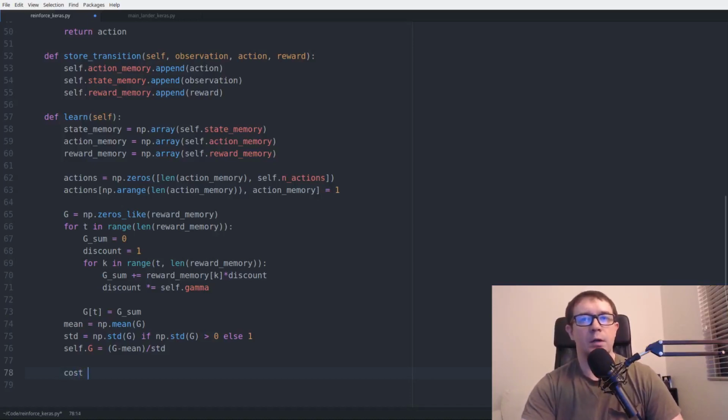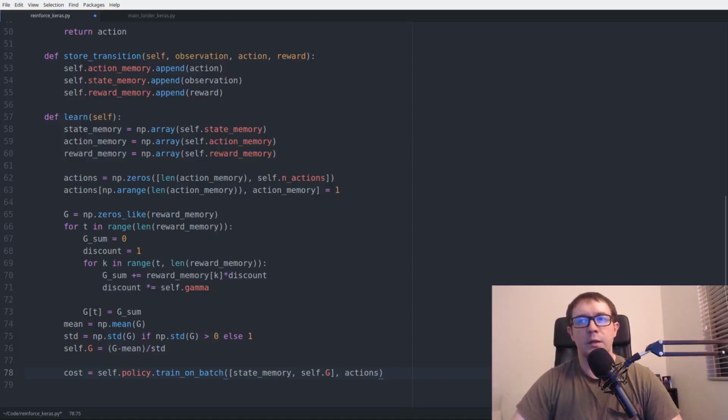So let's say cost equals self.policy train on batch, and we pass in the state memory. That's our input, as well as self.G. Self.G is our advantages. And we have actions. I just called it actions, so those are our actual labels.